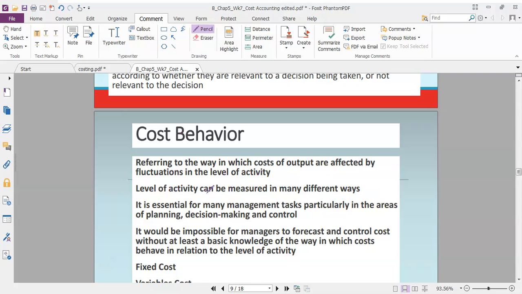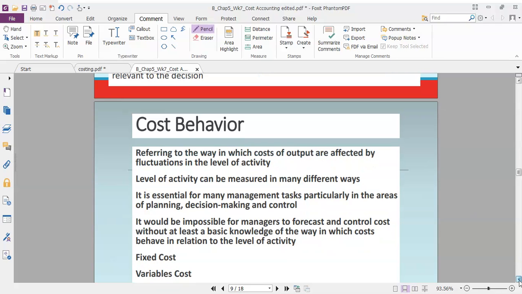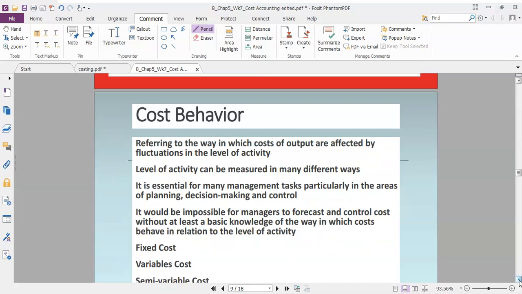The level of activity can be measured in many different ways. It is essential for many management tasks, particularly in planning, decision making, and control. It will be impossible for managers to forecast and control costs without at least a basic knowledge of the way in which costs behave. Costs can behave too, it is not only humans who have behavior. Costs also have their own behavior.